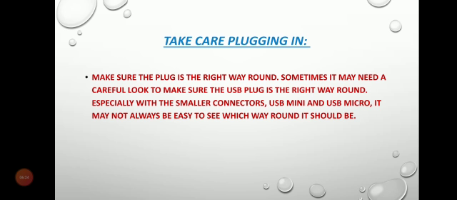Number 2, take care plugging in and make sure that the plug is the right way round. Sometimes it may need a careful look to make sure that the USB plug is the right way round, especially with the smaller connectors, USB mini and USB micro, where it may not always be easy to see which way round it should be.